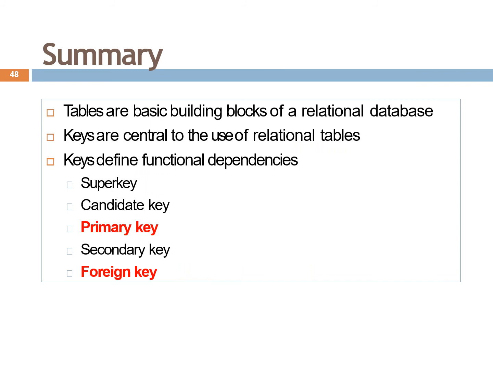Okay, so we arrive at the summary. Tables are very important in a relational database. And in the table we have keys, and two of the most important keys are primary key and foreign key. You have to be able to define and understand which is primary key and which is foreign key.